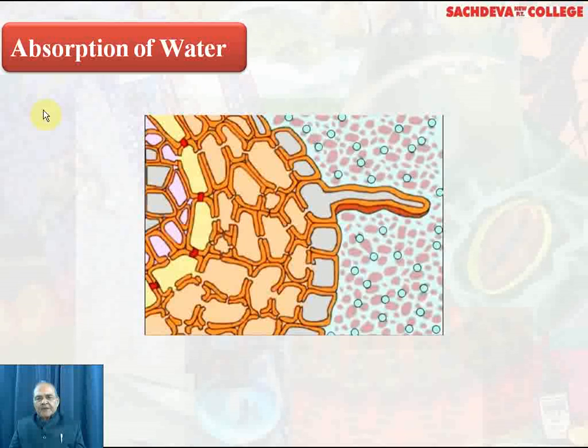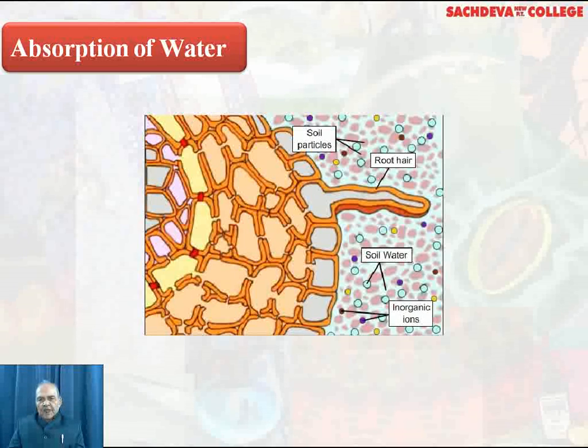Now you can see here how the water is moving through the apoplastic pathway as well as through the symplastic pathway. Root here, soil water, and then you have soil particles, inorganic ions, etc. This is the apoplastic pathway.